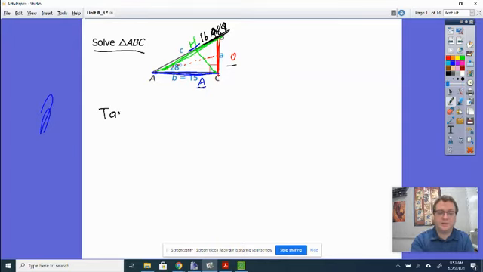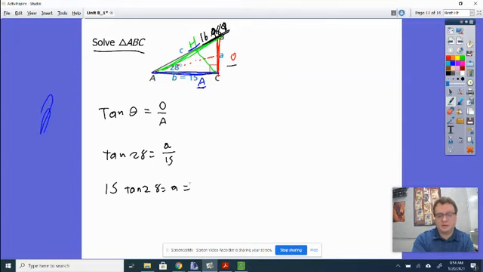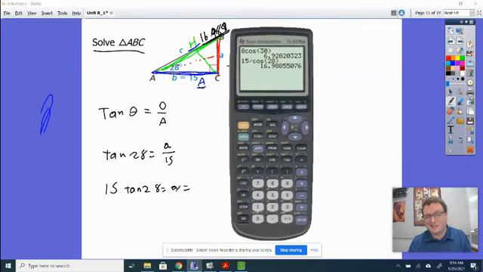So you'll have tangent of theta equals opposite over adjacent. So tangent of 28 equals A over 15. Multiply both sides by 15. 15 tangent 28 equals A. And honestly, this is the way I prefer to do it. But some people do prefer the other way, and I will show you that way so you have it.